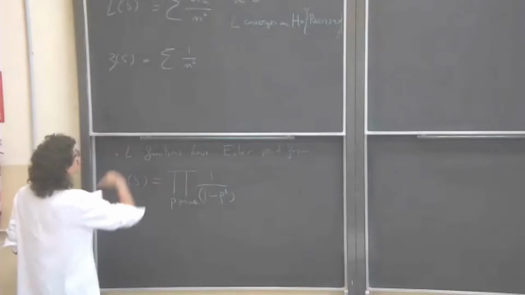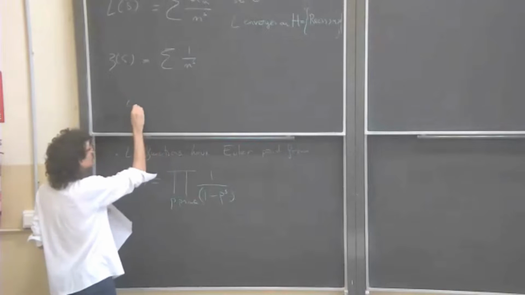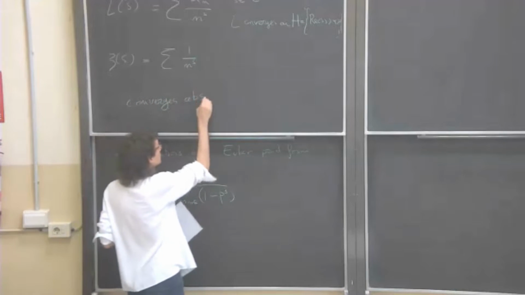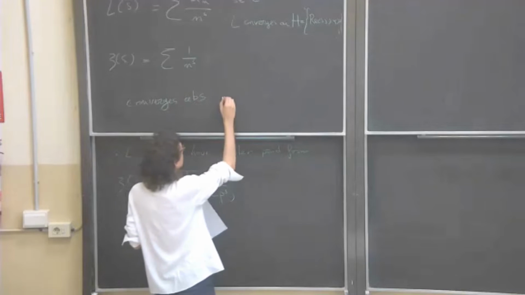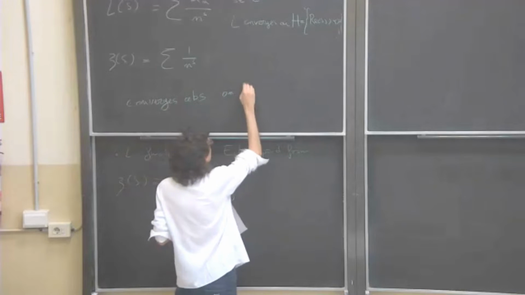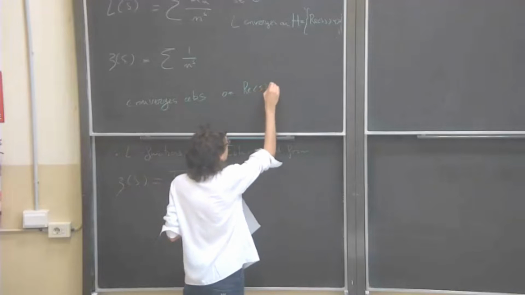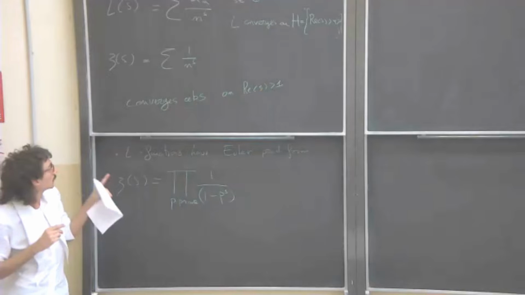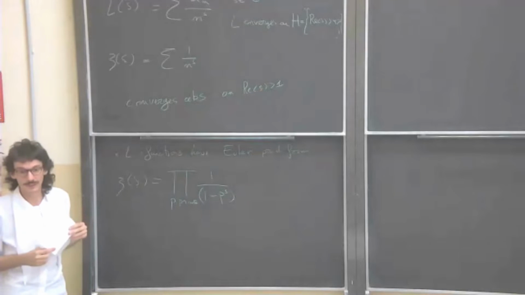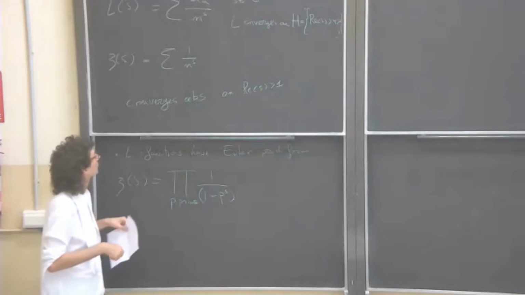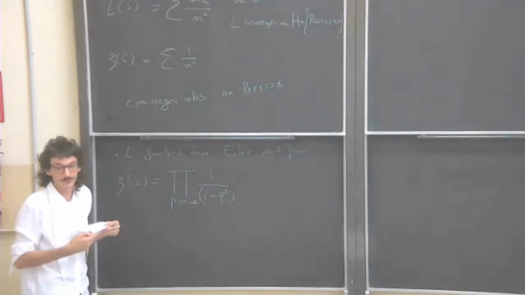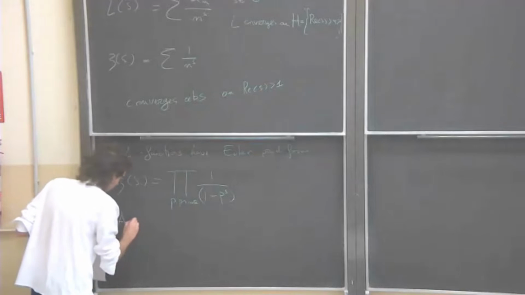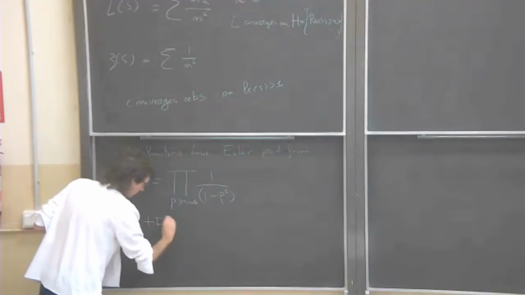Actually, this expression of zeta of s converges absolutely to a holomorphic function on real part of s bigger than 1. And how are we able to make sense of this function outside this domain? Well, there is a pretty standard process for L functions, which is talking about analytic continuation and functional equations.